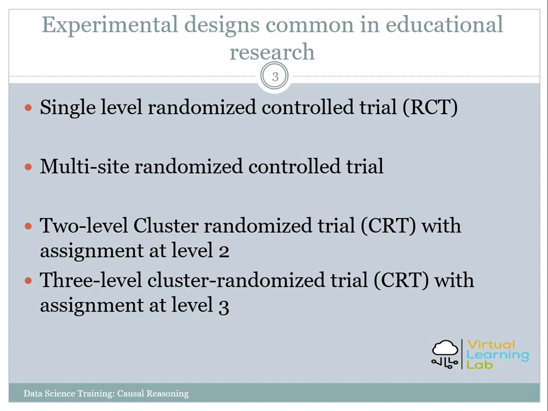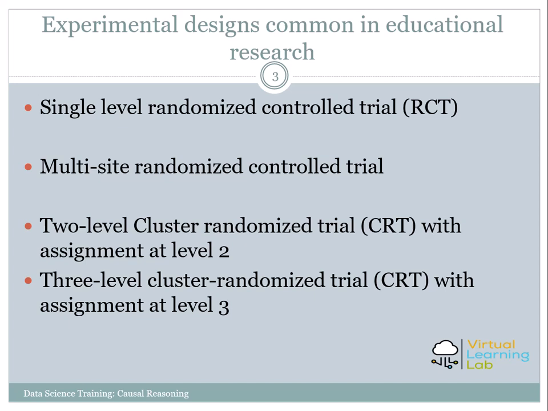Now, cluster randomized trials are where treatment assignment happens at the cluster level, not at the student level. A common one is students nested within schools and treatment assignment at the school level.